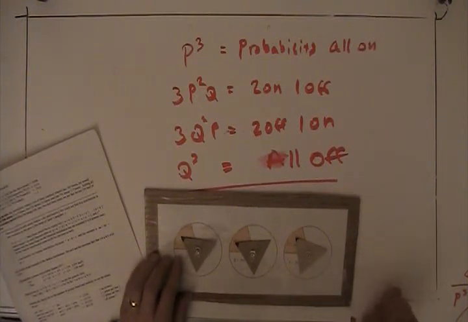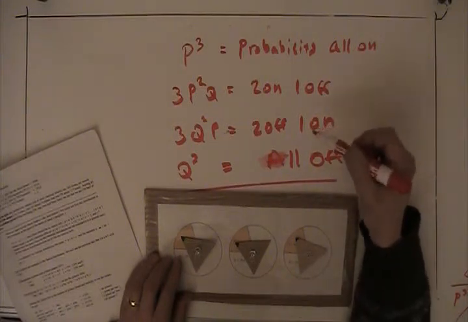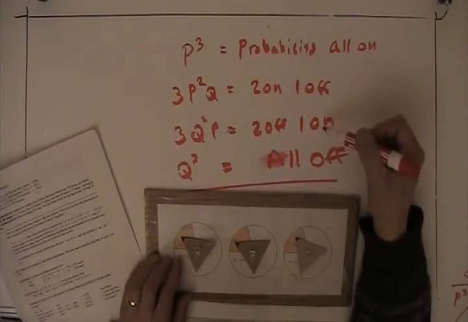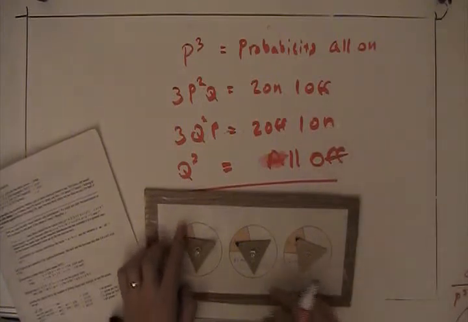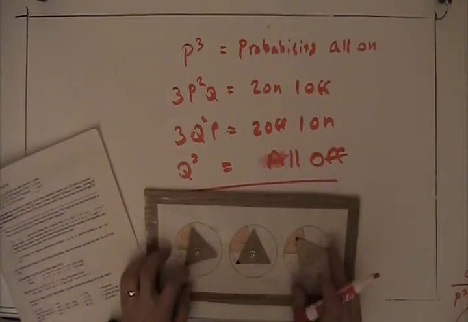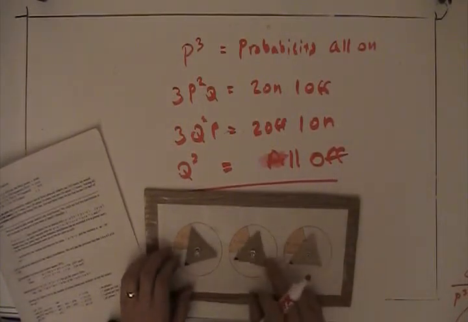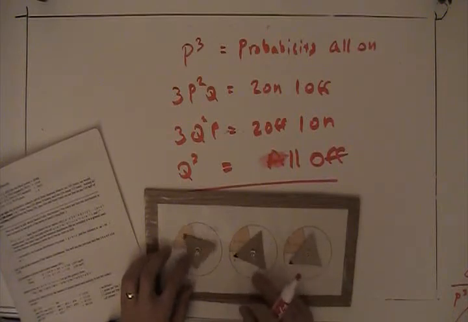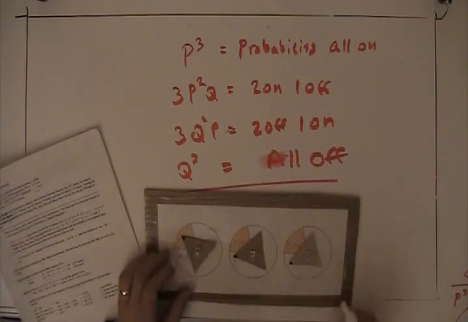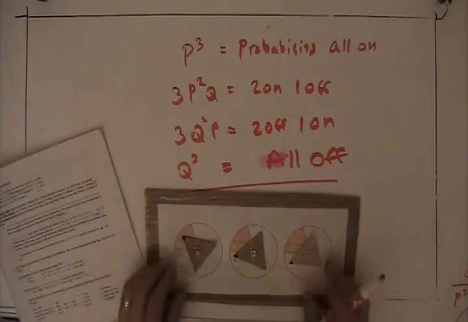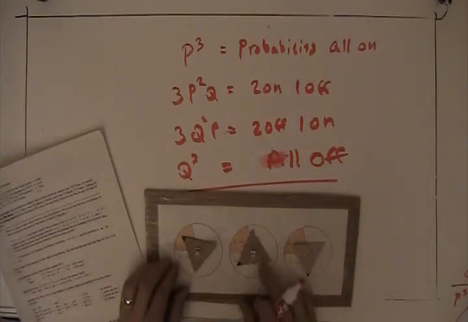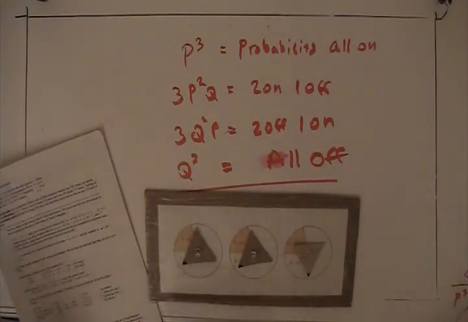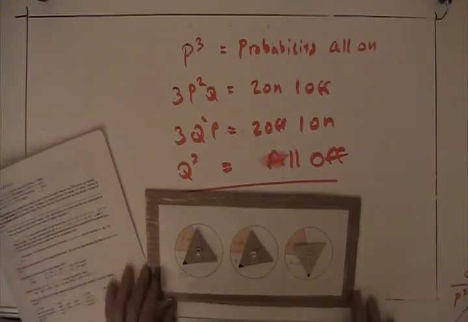Okay, there's 3 ways to do that. There's also 3 ways to pick 2 off, 1 on. So there's 3 ways. Yeah, see, it makes perfect sense. There's 3 of them. Okay, only one way for them all to be off. And that's this. There's no arrangements involved.